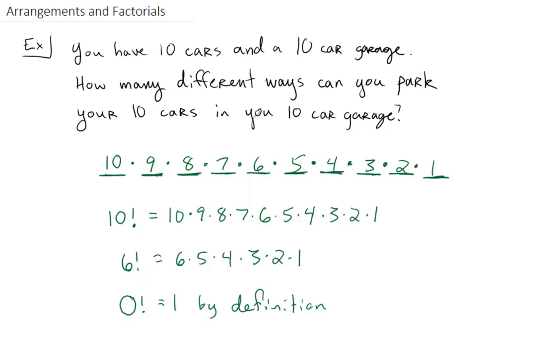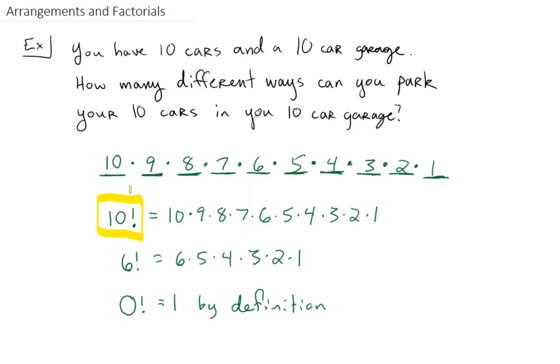Okay, so when you're doing your 10 cars in your 10 car garage, it is acceptable instead of writing the 10 times 9 times 8, unless you need to write this out to help you think through it, by all means do it, but it is sufficient to just write 10 factorial. And then as far as what that equals, if you have a scientific calculator, it's going to have a factorial button on it somewhere. The different calculators have it in different places, but if you look around for an exclamation mark, wherever that is, that means factorial, because it's the only way we use it in math.